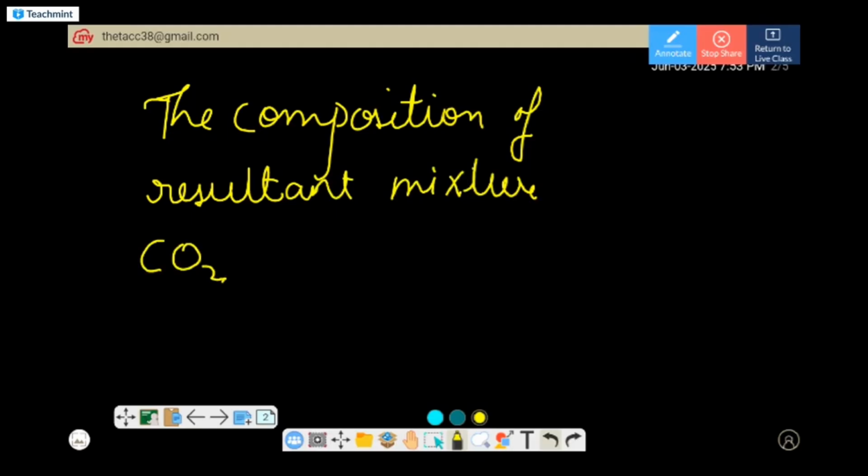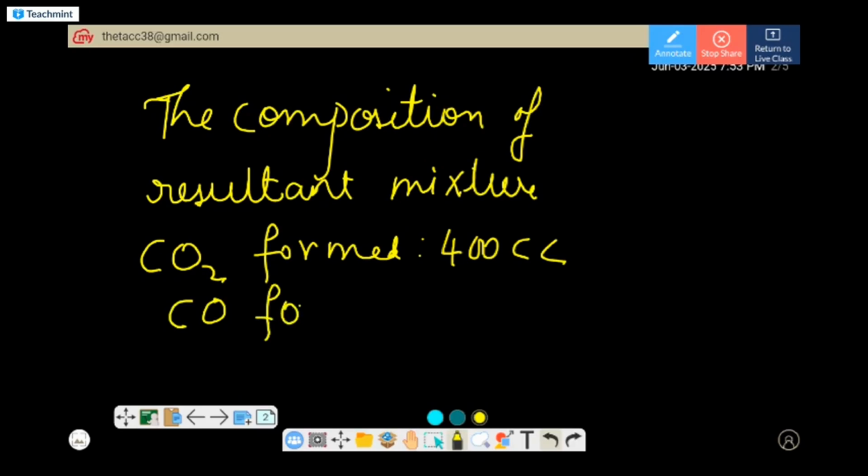You will write carbon dioxide formed will be 400 cc, and there was some 50 cc CO which was unreacted. Don't write CO is not formed, you will write unreacted or unused carbon monoxide. 50 of them is there.